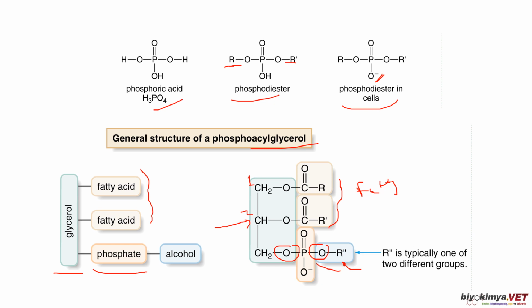And in all glycerophospholipids, the head group is attached to the glycerol, as I said, we have a phosphodiester bond in which the phosphate group carries a negative charge at neutral pH. And here we have an alcoholic group again. Actually, there is a carbon backbone carrying an alcoholic group.